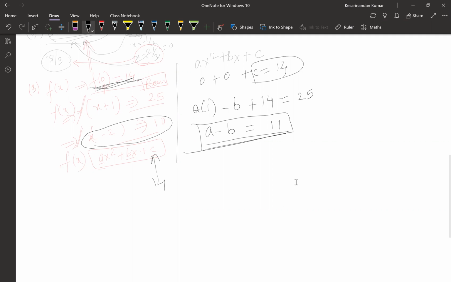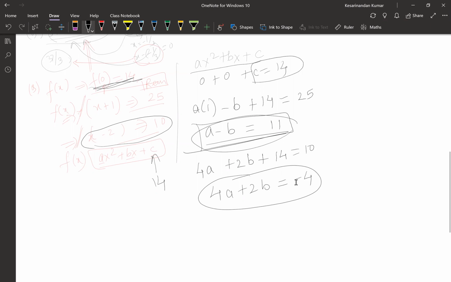If I put x is equal to 2, I will get the value 10. So if I put x is 2 here, I'll get 4a plus 2b plus 14 is equal to 10. Clearly 4a plus 2b is equal to minus 4. Now if I solve this and this, I'll get a is equal to 3 and b is equal to minus 8.